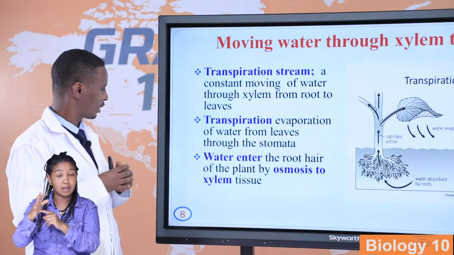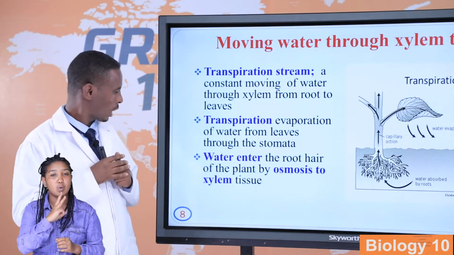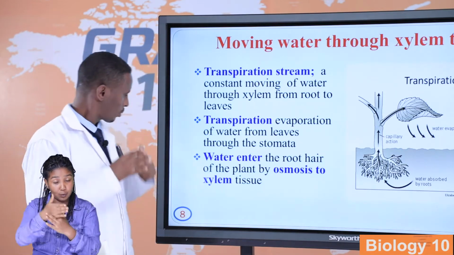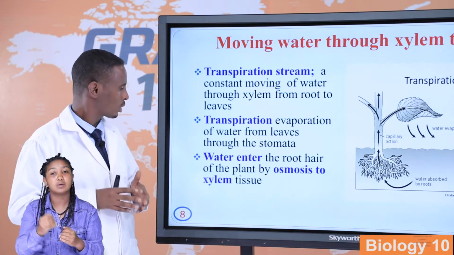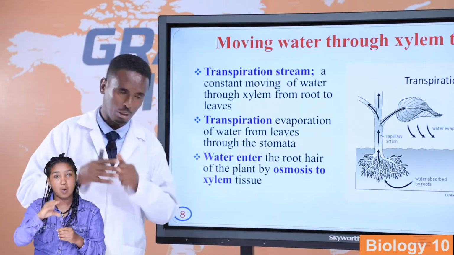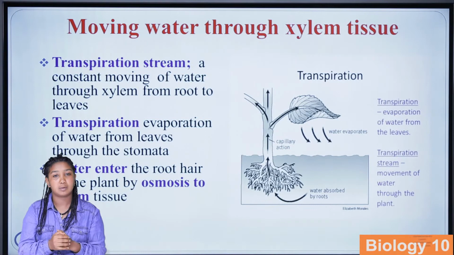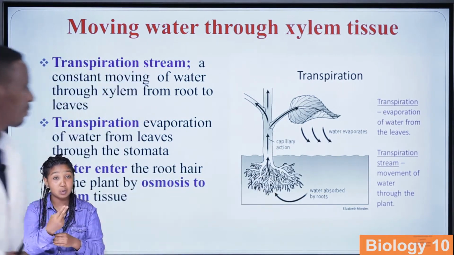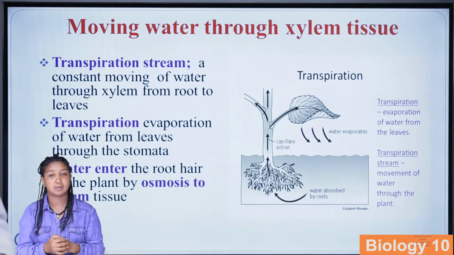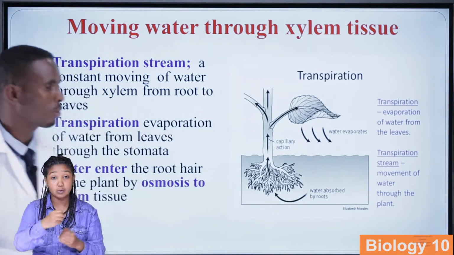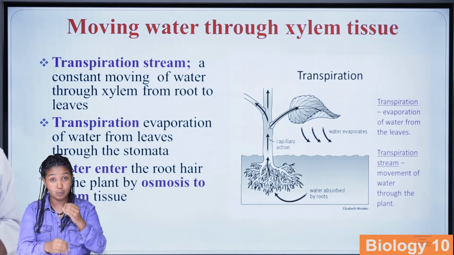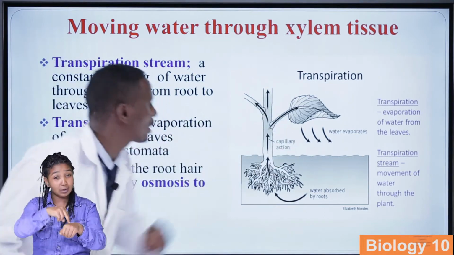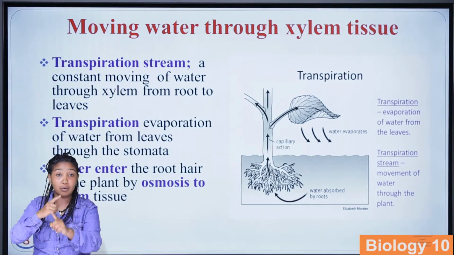Water enters the root through the plant by osmosis to the xylem tube. As you see here, the plant takes in water by osmosis and transports it through the xylem tube using the transpiration stream, and it constantly evaporates from the leaf through transpiration.